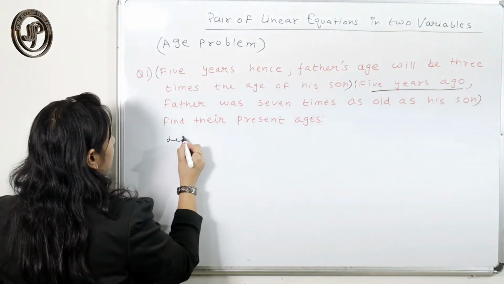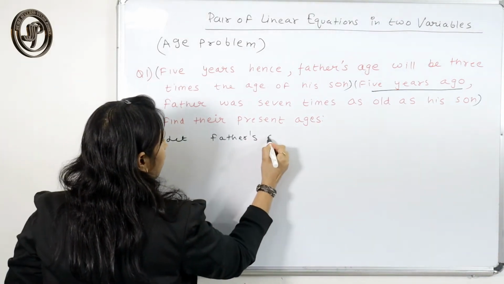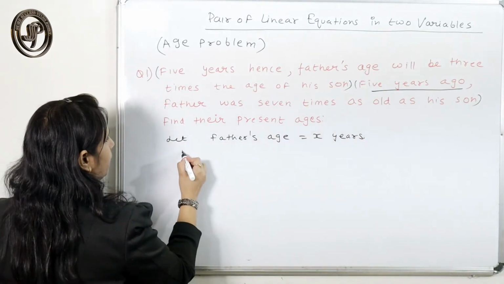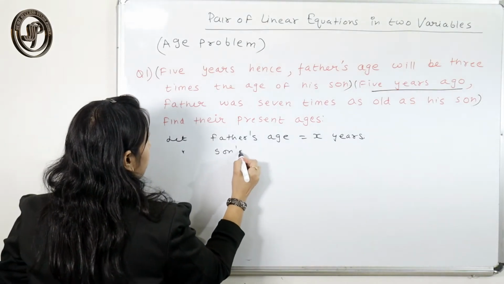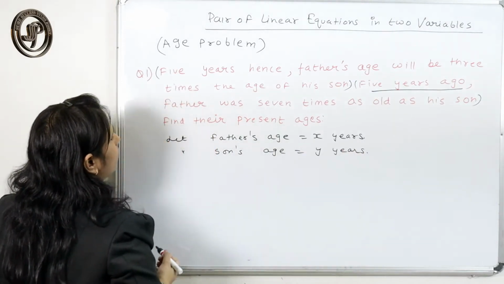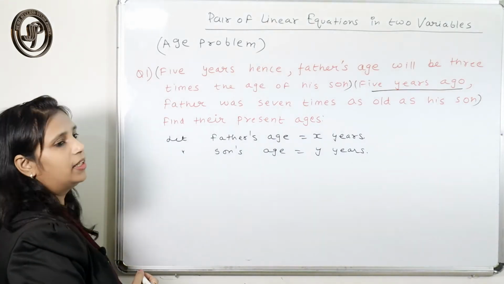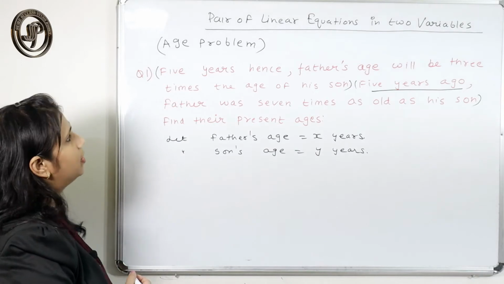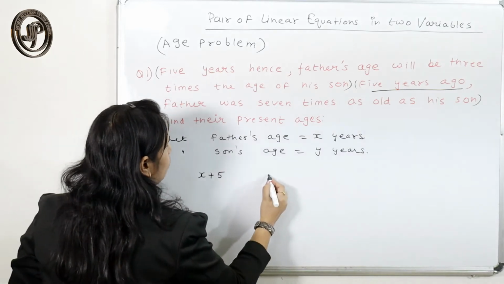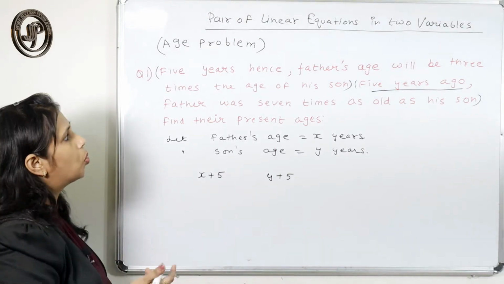Now let father's age be x years and son's age be y years. 5 years hence means x plus 5 and y plus 5, meaning both become 5 years older.